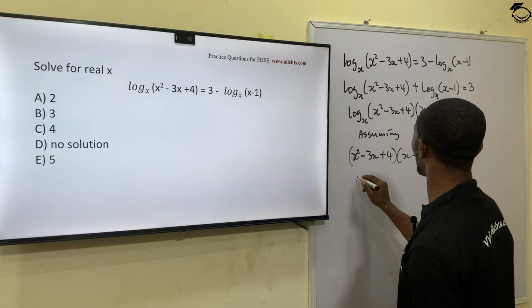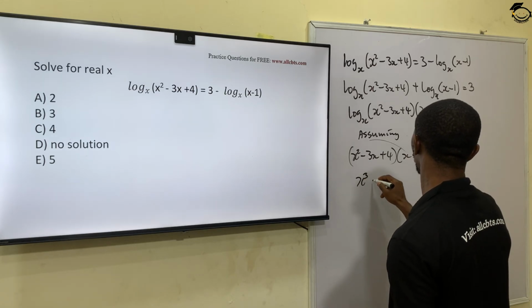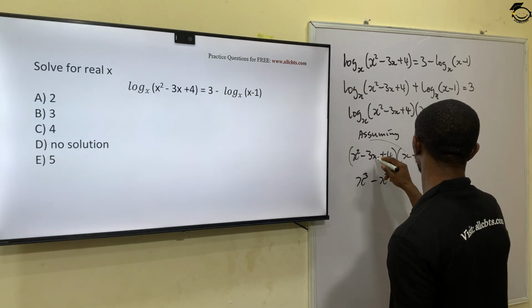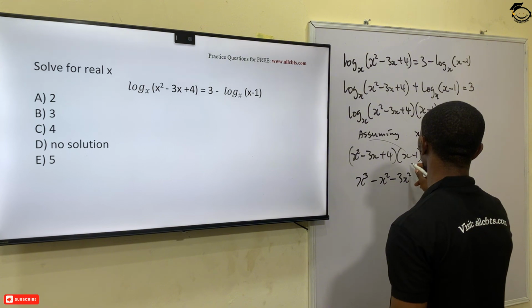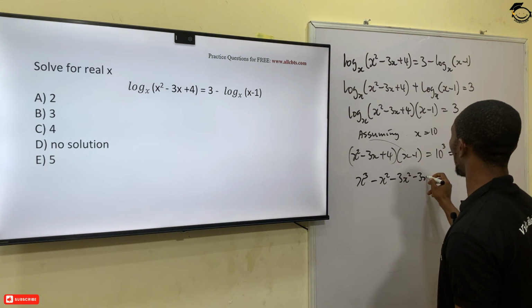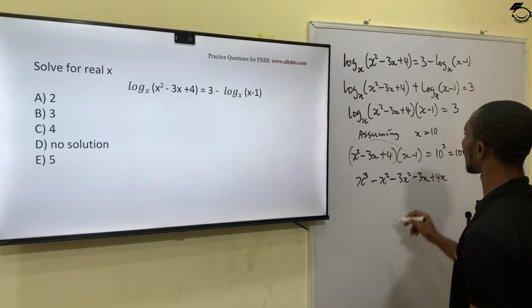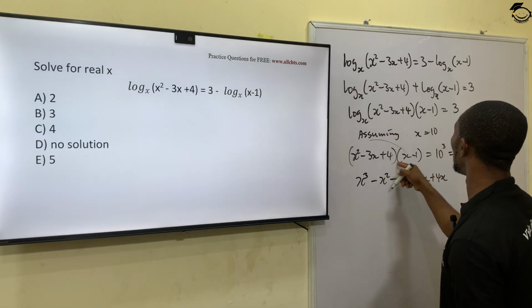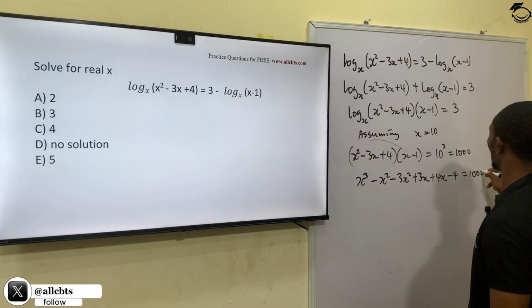So expanding this, we have x cubed minus x squared minus 3x squared minus 3x, minus minus will give us plus 3x, plus 4x and minus 4 equals 1,000.